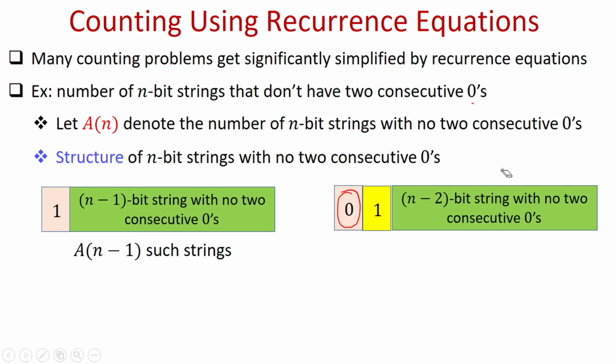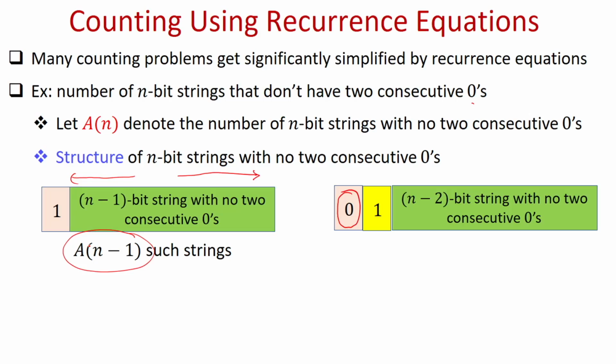If I consider category 1, then the number of strings of this category is a of n minus 1. Why so? Because I am interested in counting the number of strings of length n minus 1 which do not have an occurrence of two consecutive zeros, and as per the definition of my a function, the number of such strings is nothing but a of n minus 1.